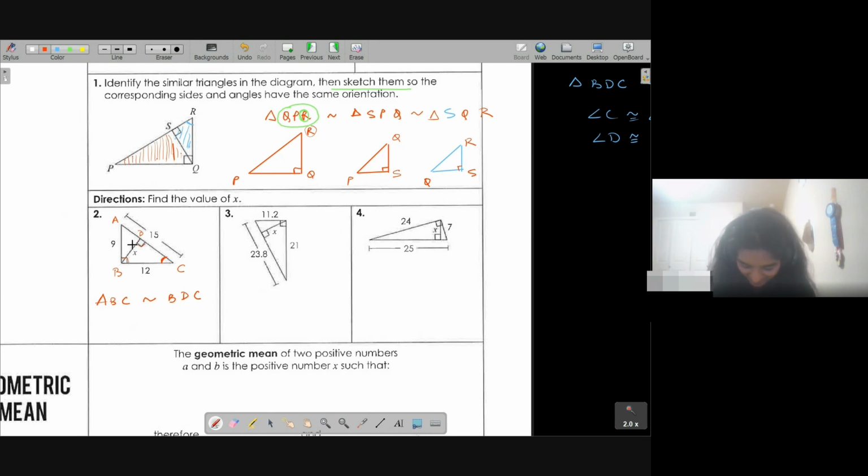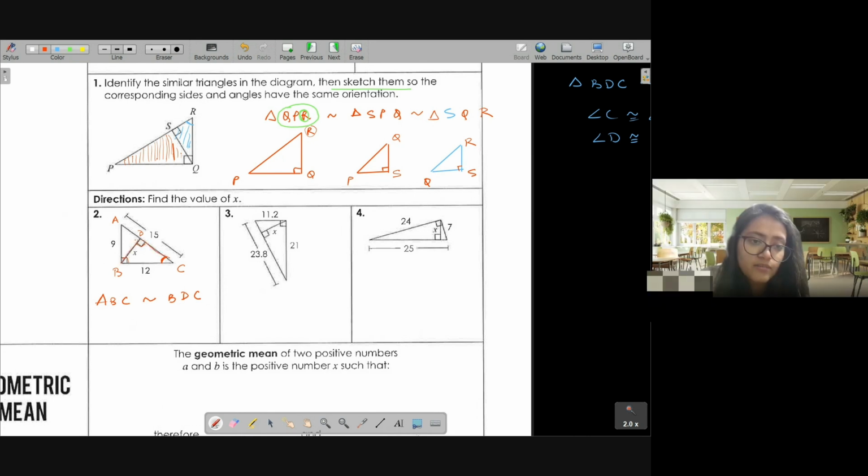Now since they are similar, their corresponding sides will be proportional. You can take any sides. In ABC, you know all the sides. First you should write the side which has X, because you want to find the value of X. So BD over BC.